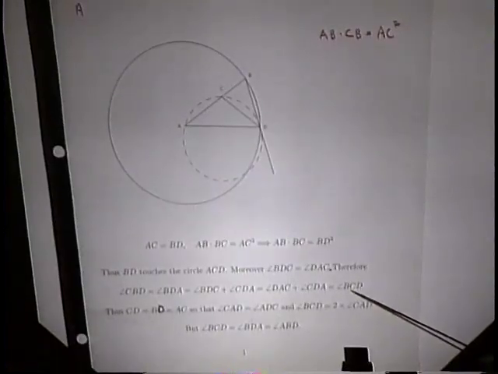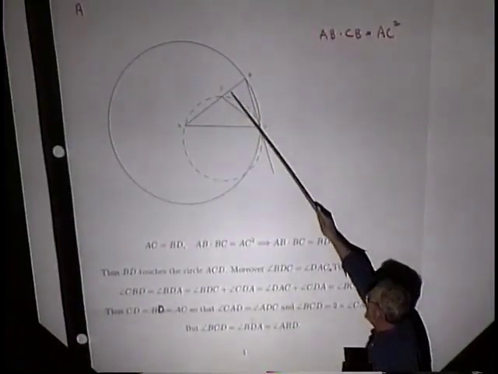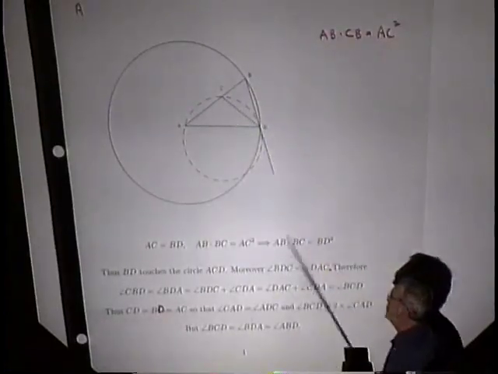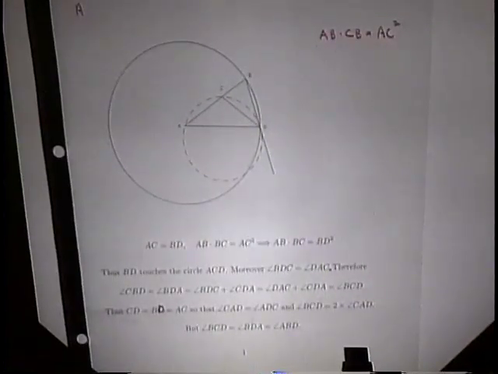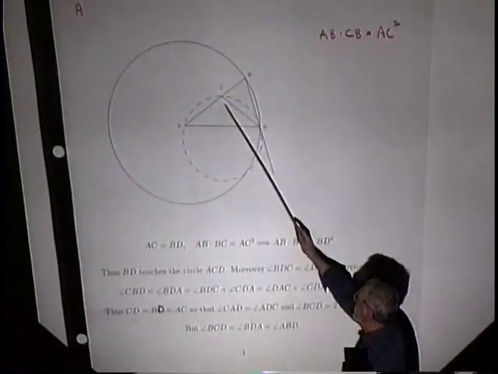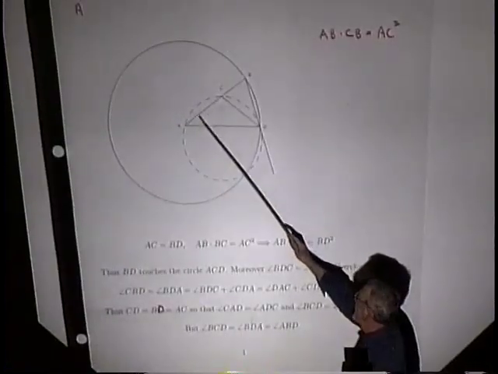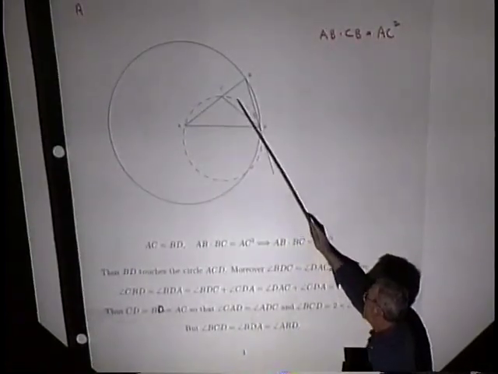But the thing is that BCD is just this other piece here, and BCD added to this also gives us two right angles. So this plus this plus this give us two right angles. This plus the same thing give us two right angles. That means that this plus this is equal to that.